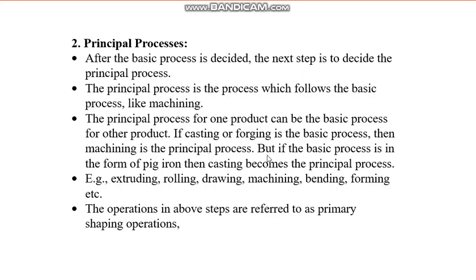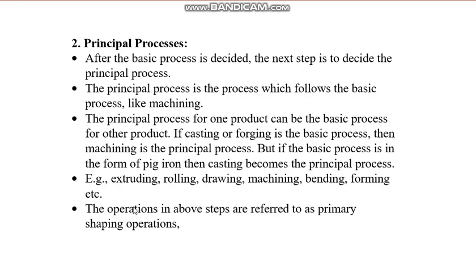But for some other product, if the basic process is forming of pig iron, then what follows from pig iron, like casting, becomes the principal process. Examples of principal processes are given: extruding, rolling, drawing, machining, bending, forming, etc.